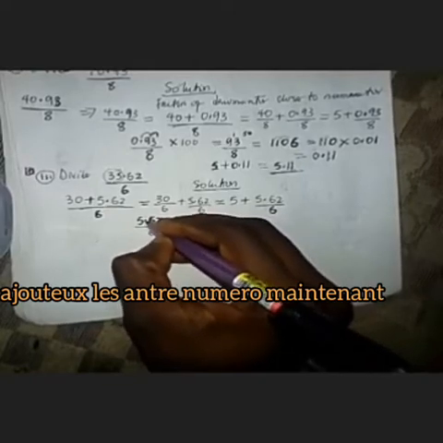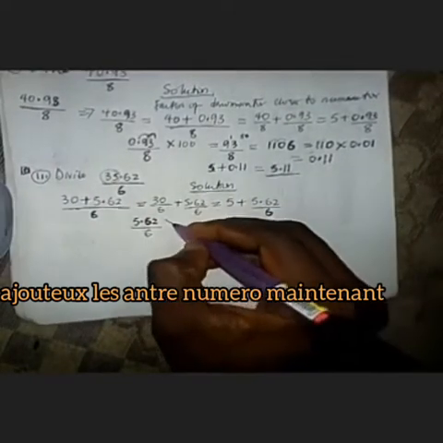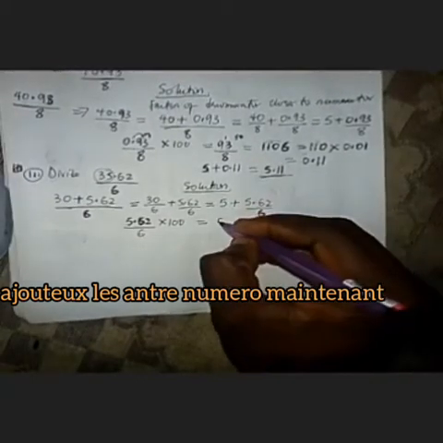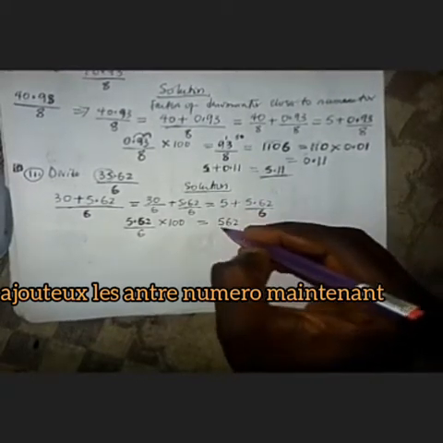So we can multiply it by 100. So that will be 562 over 6.